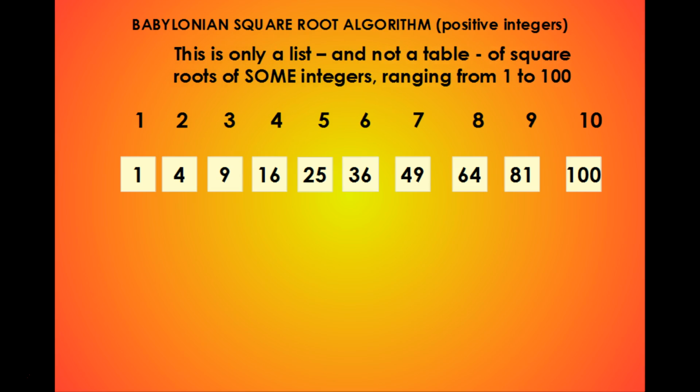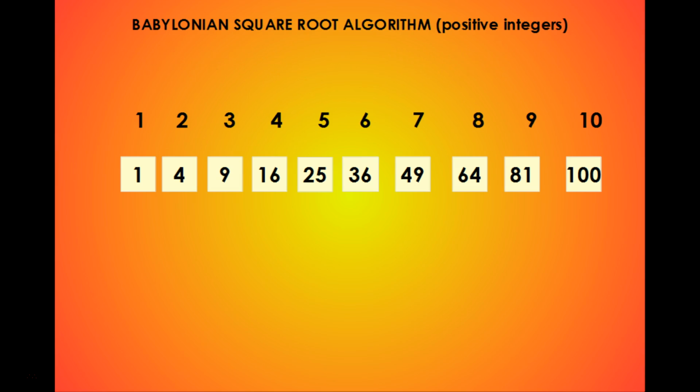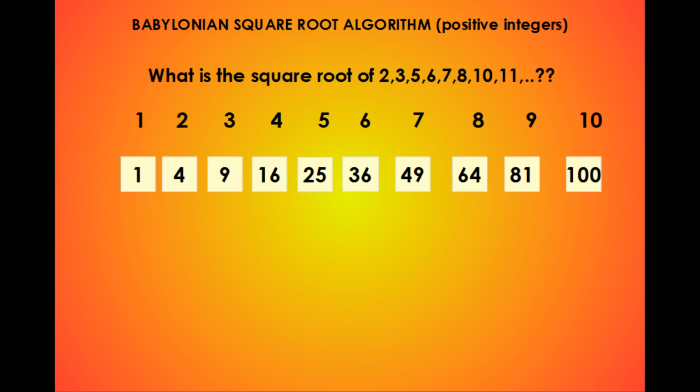Now, this is only a list of square roots of some integers ranging from 1 to 100 when we're looking at the second line. Now we can ask, from the list we have, what is the square root of 2, 3, 5, 6, and so on?